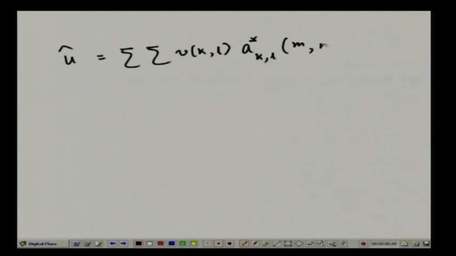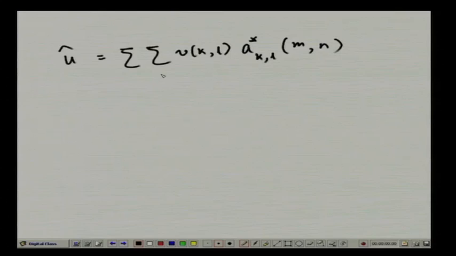So, in that case the reconstructed image u hat will be given by the double summation of V k L into A star k L m n.